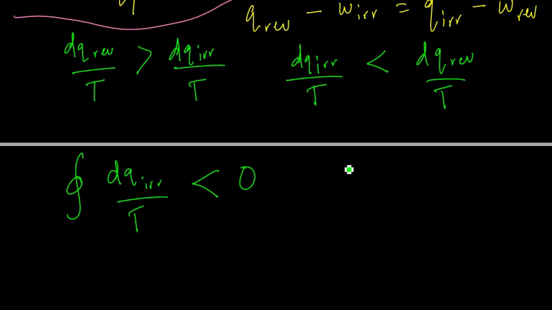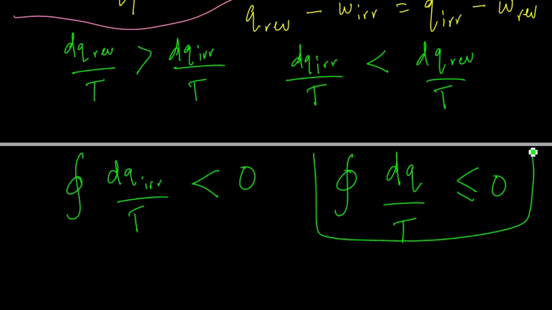Or in general, I can write the integral of dq by T is less than or equal to 0. Okay. This is known as the Clausius inequality.